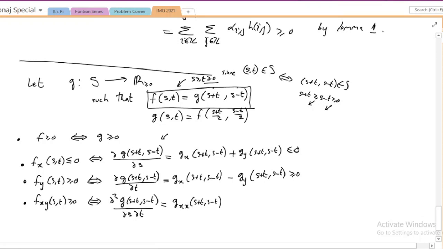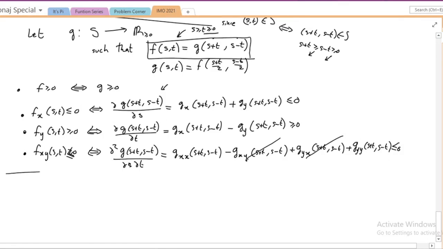Second part with respect to t will give -1, so that's g_xy, the second part. For g_y we get, with respect to the first part, g_yx(s+t, s-t), and the second part just gets the same. So this is less than or equal to 0. And these two are actually the same, so I'm just going to strike them out.